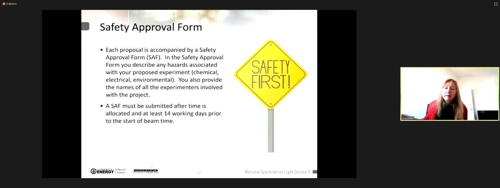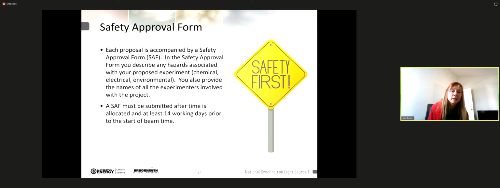And then you are going to have to create a safety approval form. This doesn't happen before you submit the proposal, even though I've got it in here as seeming that it does. The safety approval form actually comes after the allocation of the proposal, but it has to describe all of the hazards associated with your experiment, and it has to be submitted no later than 14 days prior to the start of beam time.